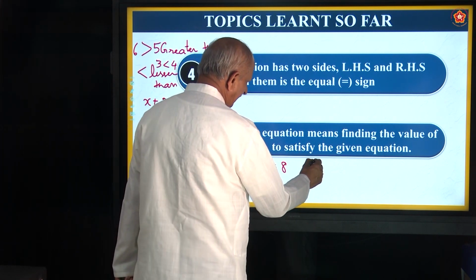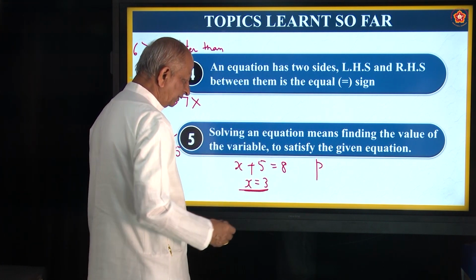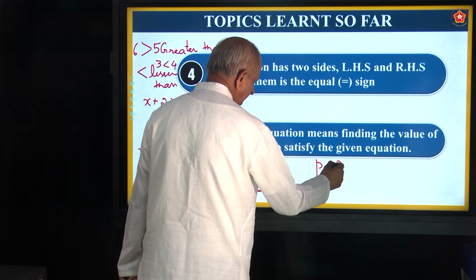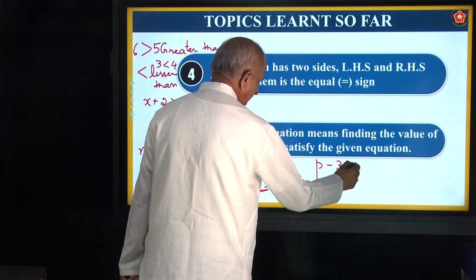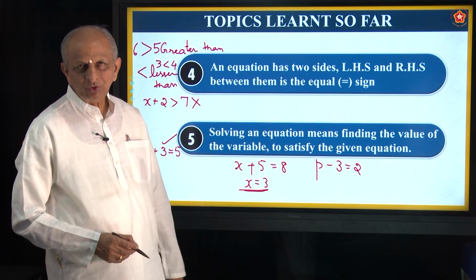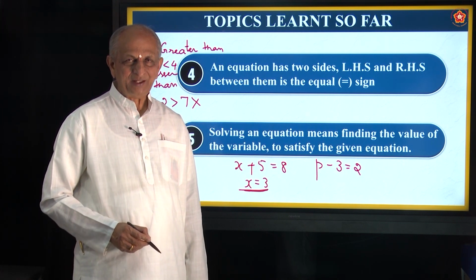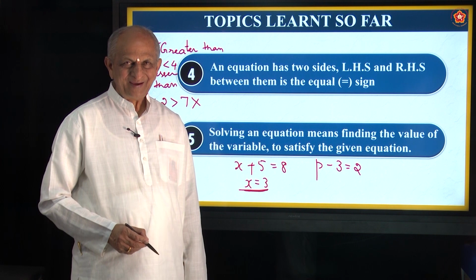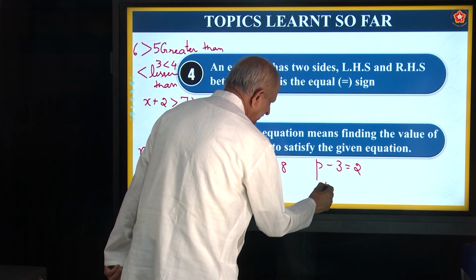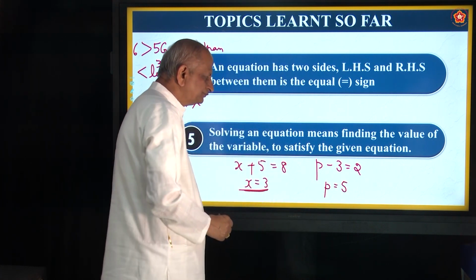Similarly, think of a number, we shall say p, subtract 3 from it, and if it gives the answer as 2, what is the value of the variable? Yes, p is equal to, come on, how much? 5.